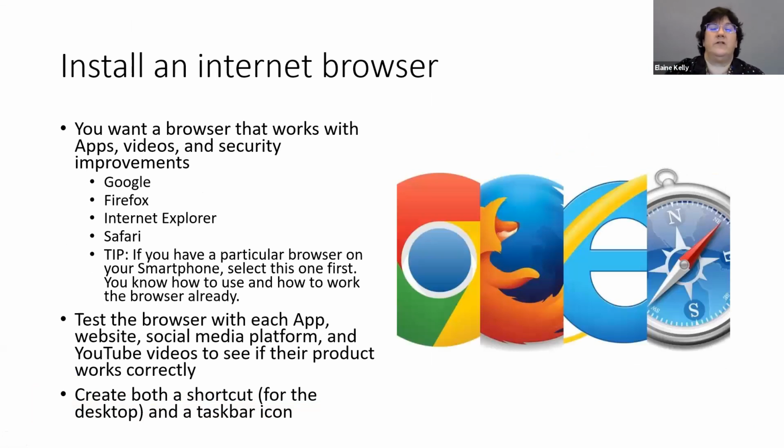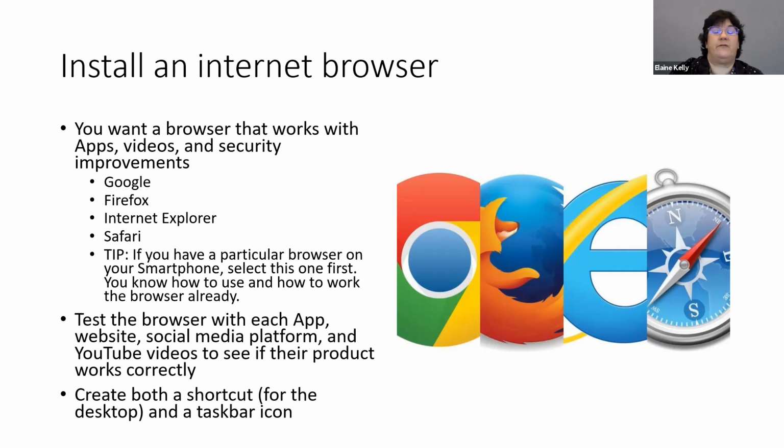Next thing you want to consider is the internet browser. You want a browser that works with all of their apps, videos, and security improvements. This might be Google Chrome, it could be Firefox, it could be Internet Explorer, but keep in mind there are a lot of companies right now that do not have a working application associated with Internet Explorer. You're going to want to put another browser on.